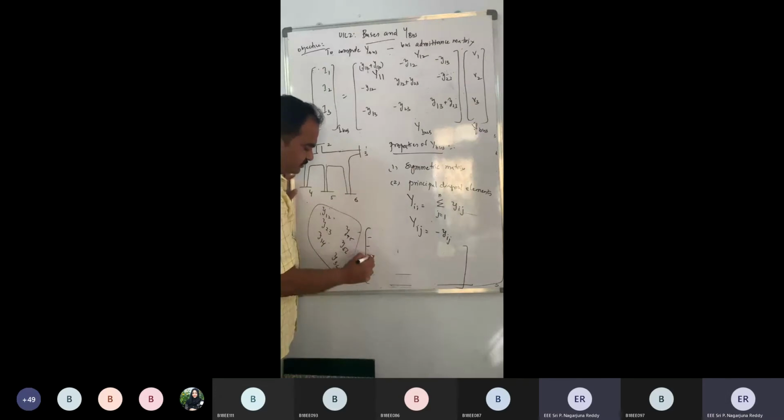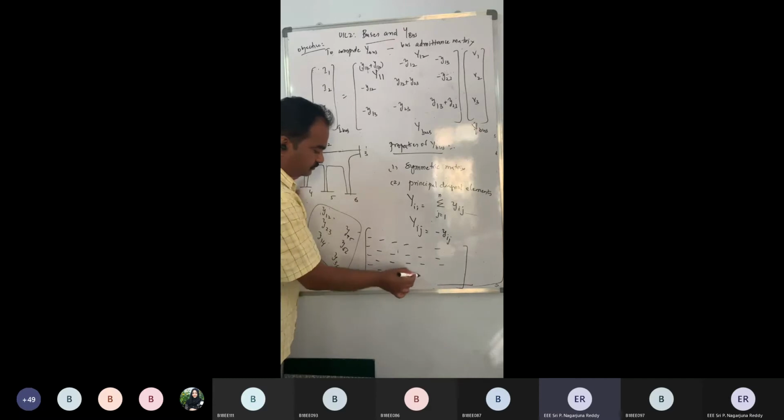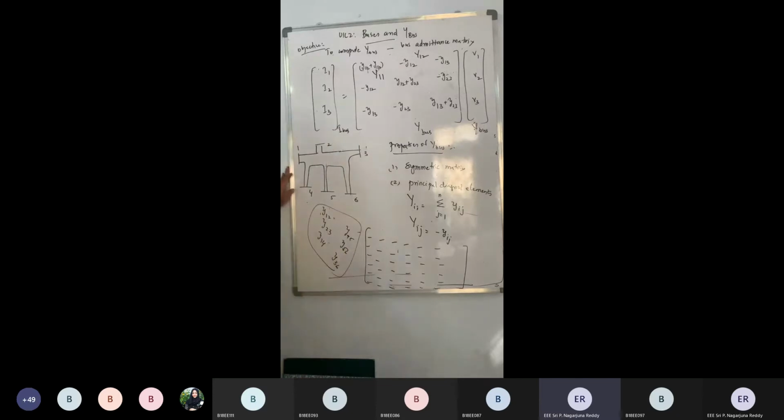It will be 1, 2, 3, 4, 5, 6. This is the Y bus matrix.